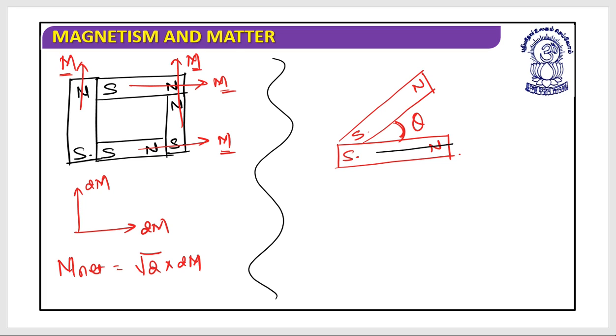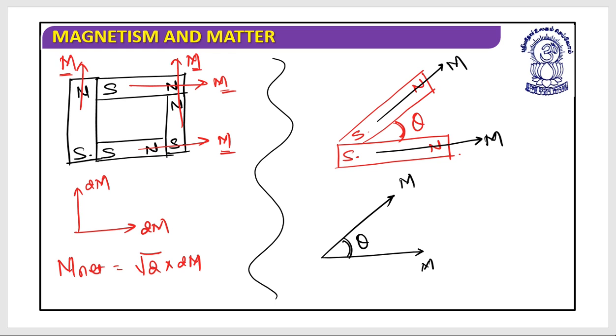One of the magnetic dipole moments is in this direction, this is M. Another magnetic dipole moment is in this direction, this is M. Both vectors have the same magnitude M, and they have an angle theta between them.